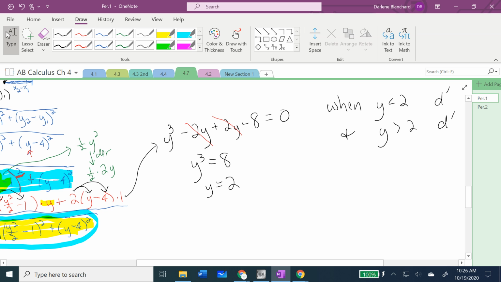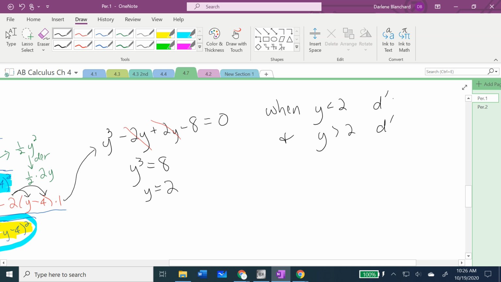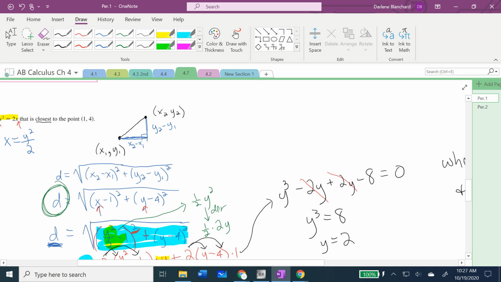And let's see, if I go back, I can play with it and figure it out, but it should be coming out as when y is less than 2, the rate of change is negative, and then after 2, it is positive. In order for this to be an absolute minimum justification, you have to include an explanation of the full domain. This justifies that the absolute minimum occurs when the y coordinate is 2. From there, you can go back and finish the problem.